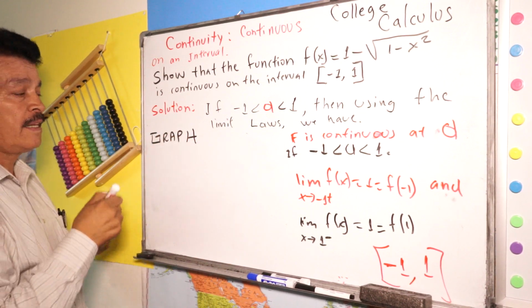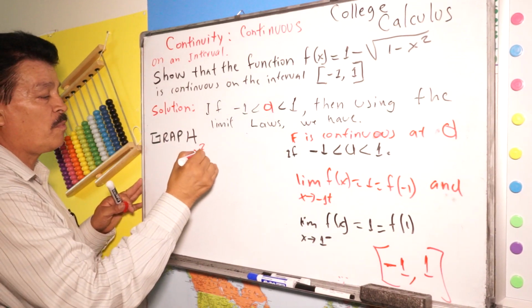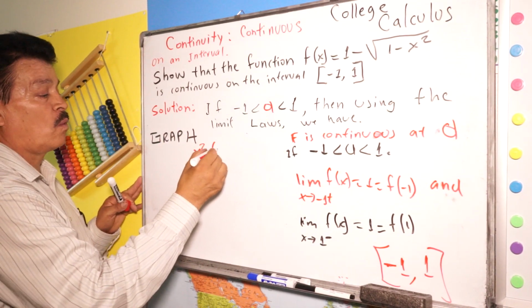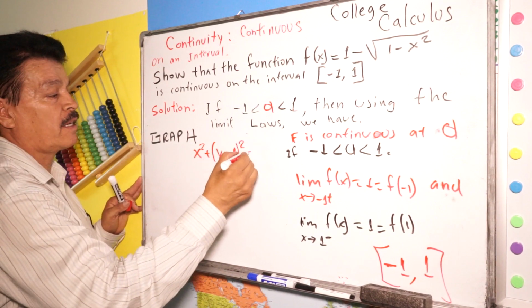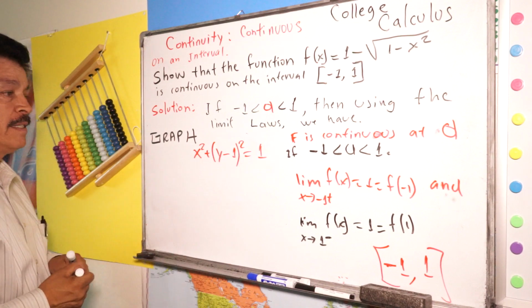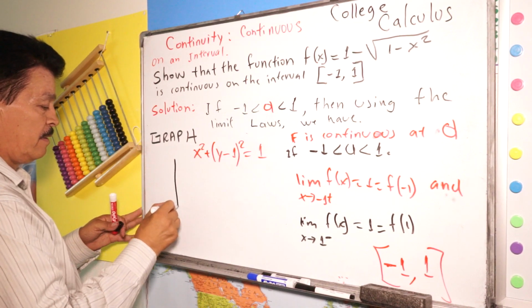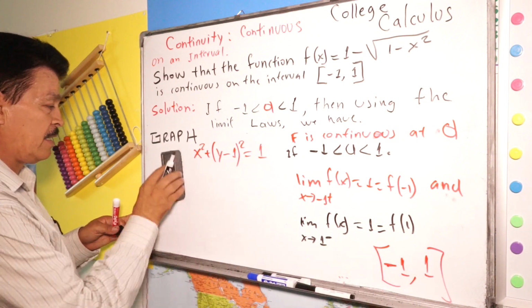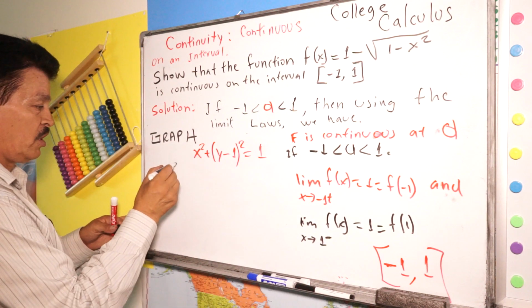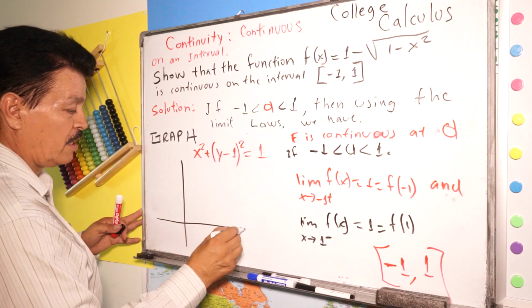This is the formula for the graph: x² + (y - 1)² = 1. This is the expression for the graph. Let me make a little graph here to see how it looks.